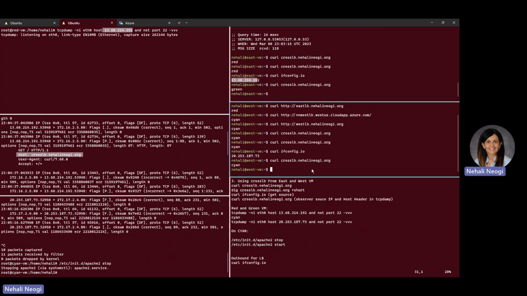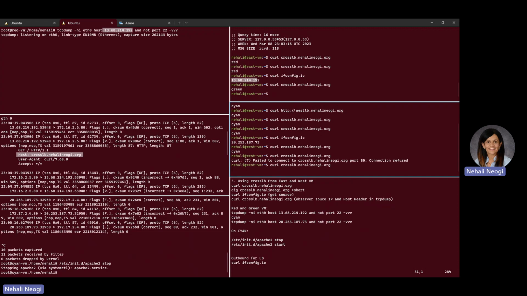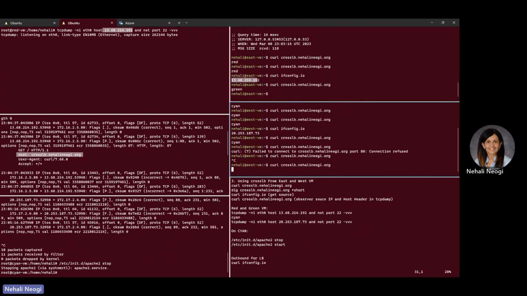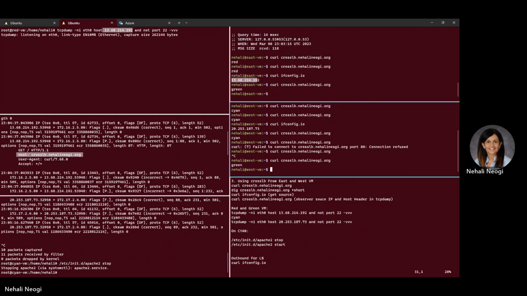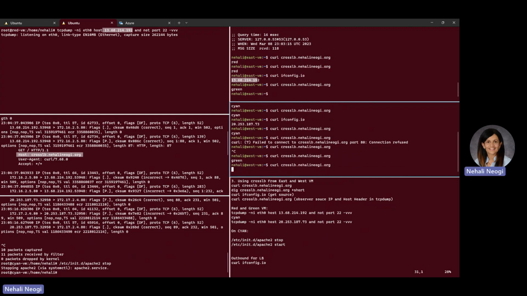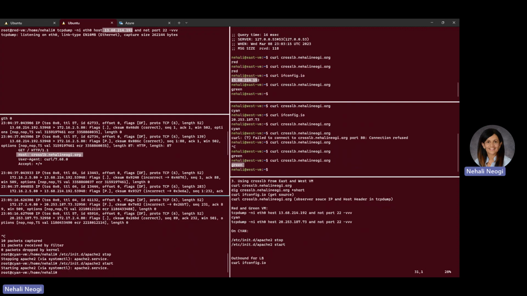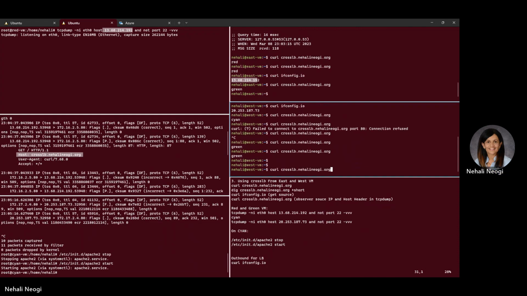And then we expect this to fail because the West region can no longer reach Cyan, but it should pretty quickly fail over to the east. There we go. So now you can see that it has failed over to the east side and you get the green VM. So let's do an Apache start again. And it should now again fail back to cyan.